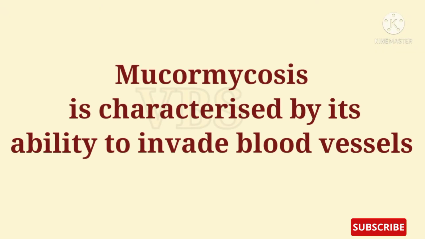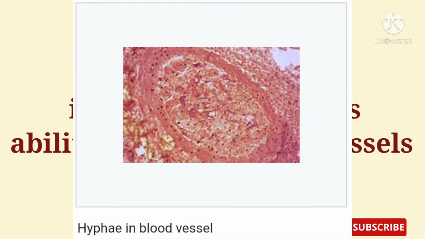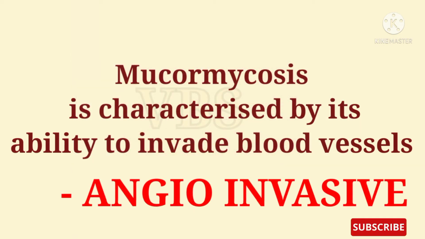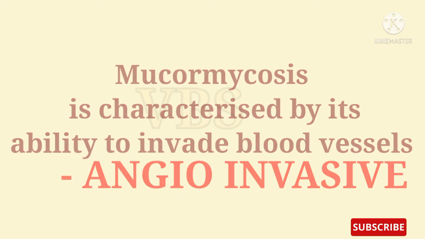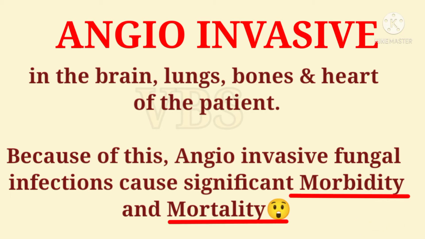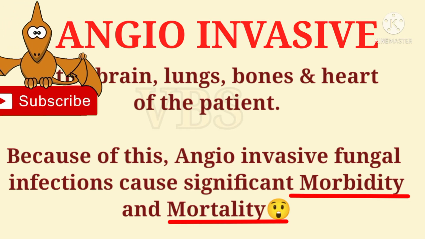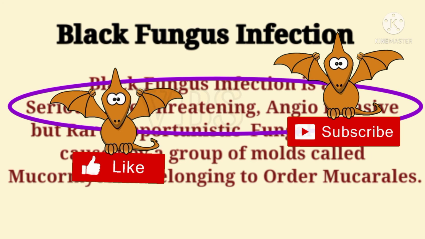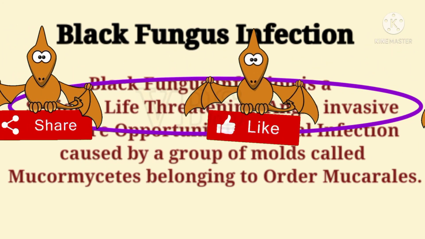Mucormycosis is characterized by its ability to invade blood vessels, that is, it is angio-invasive, affecting the brain, lungs, bones and heart of the patient. Because of this, angio-invasive fungal infections cause significant morbidity and mortality. Now we come to know why we are calling mucormycosis serious, life-threatening and angio-invasive.